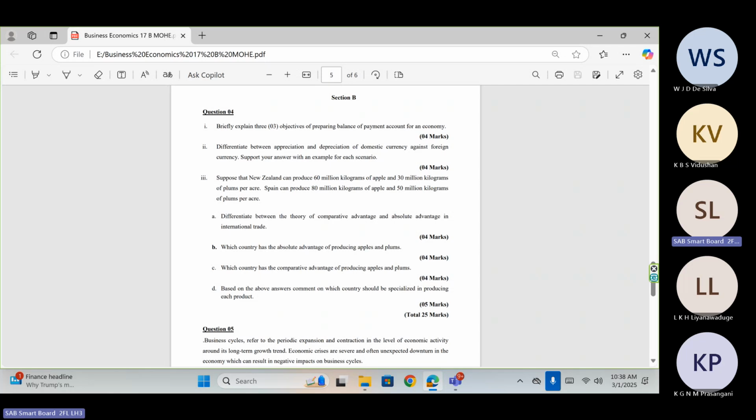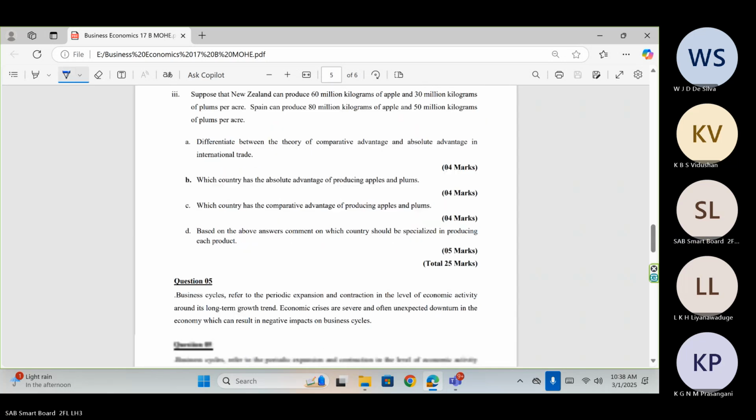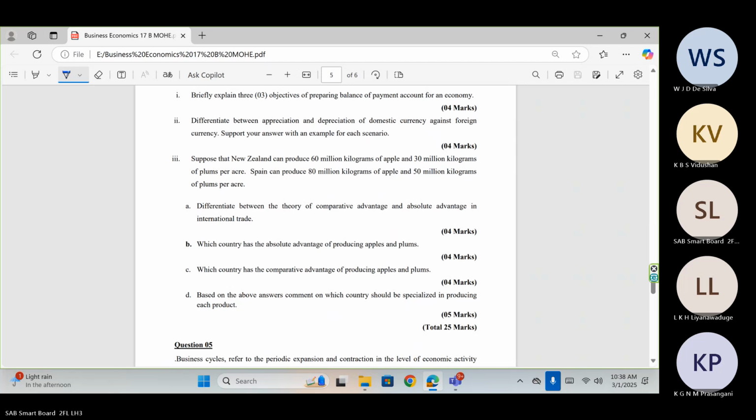Then which country has the absolute advantage producing apples and plums? 4 marks. For that you have to draw this table. Apples and plums, New Zealand and Spain.